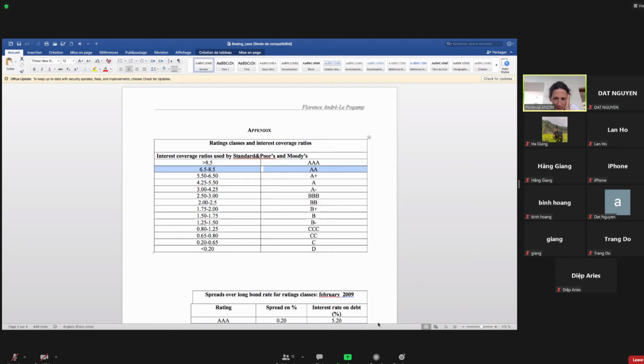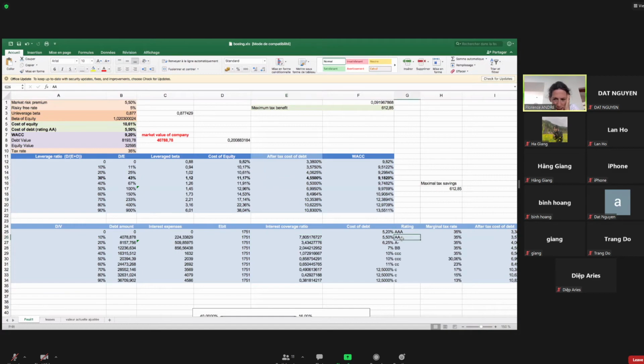Now I can go on. I can stay AA, that means I have a cost of debt of 5.5. But that means I have an interest coverage ratio of 3.43.